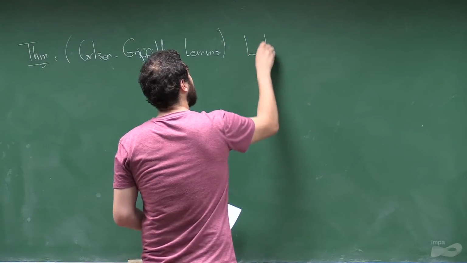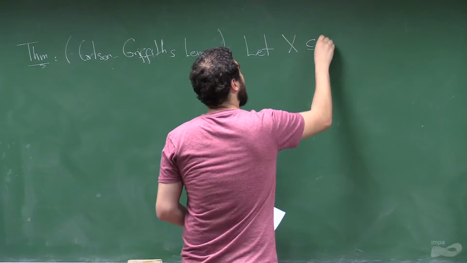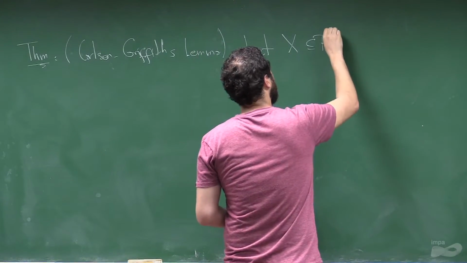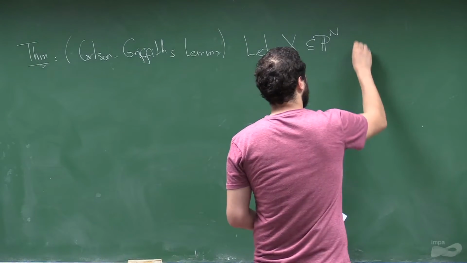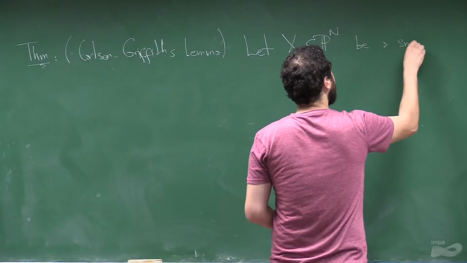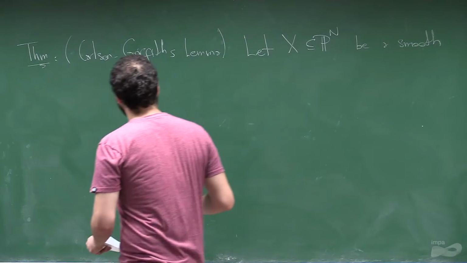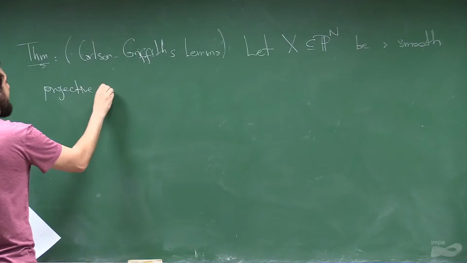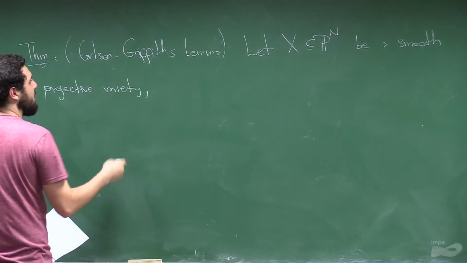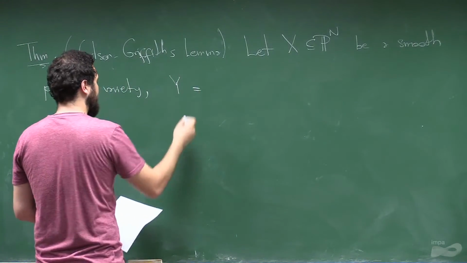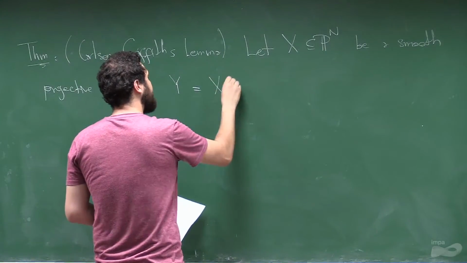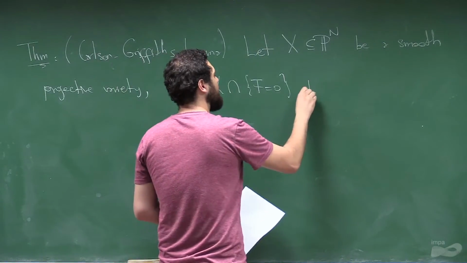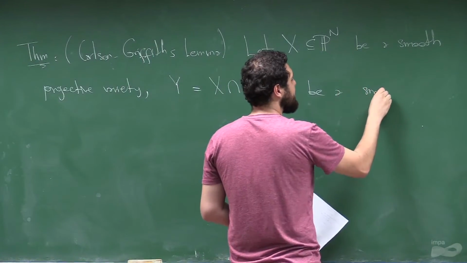So it is the following theorem: let X contained in Pn be a smooth projective variety, and Y given by an explicit equation f be a smooth hyperplane section.